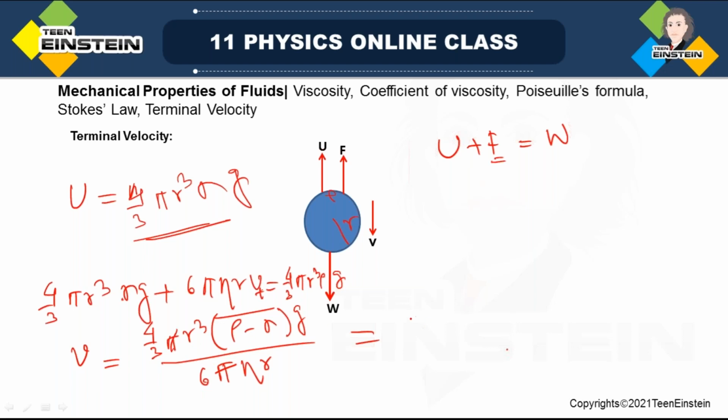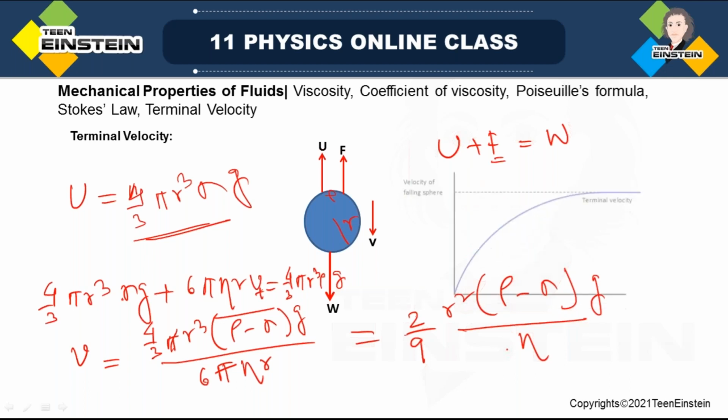Pi goes off, so 2 by 9, then it is r square into rho minus sigma into g divided by eta. Okay, so this is what we get as terminal velocity.